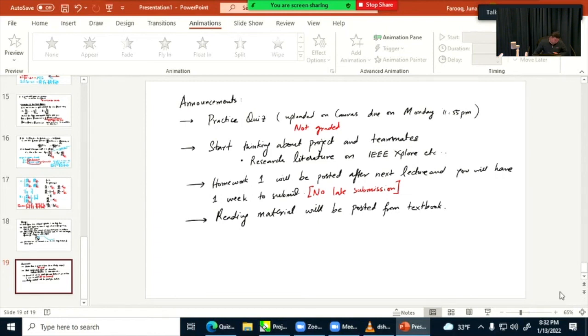And remember the ethical code of conduct. I don't want to repeat it, but sometimes students just copy material off the internet and present it in the project reports. I just want to tell you that the final projects will have a plagiarism test, so if your reports are plagiarized, then you will be penalized for the project.